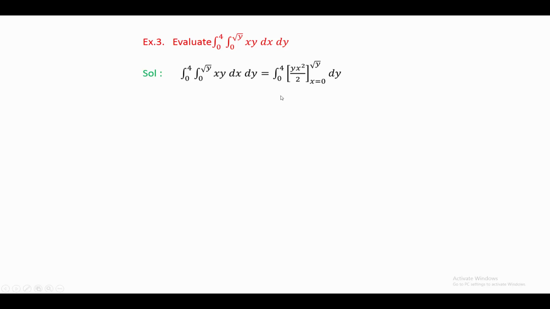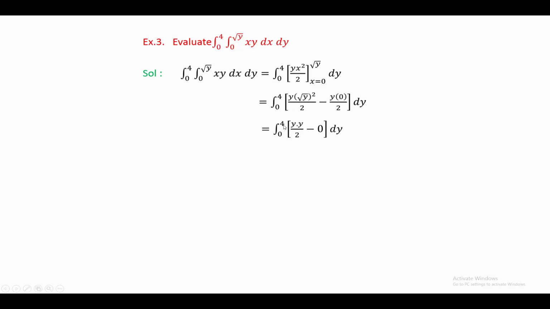Now we get the integration with limit 0 to 4. First put the upper limit value of x as root y, so y into root y square upon 2, minus, put the lower limit x is 0, so y into 0 upon 2, dy. Root y square is y, y into y is y square by 2, and this is 0.